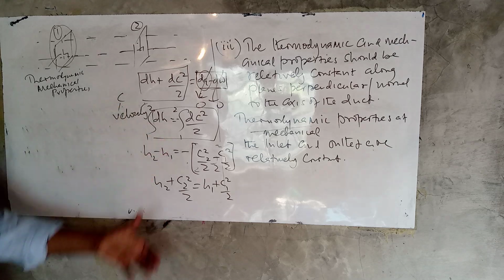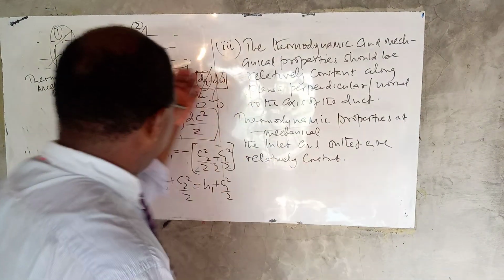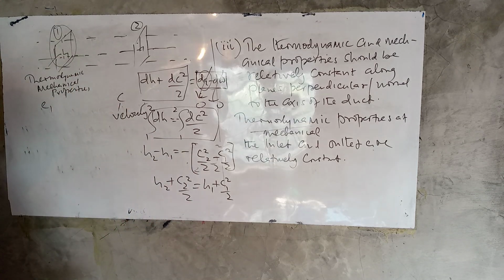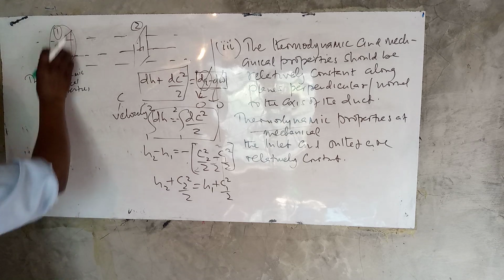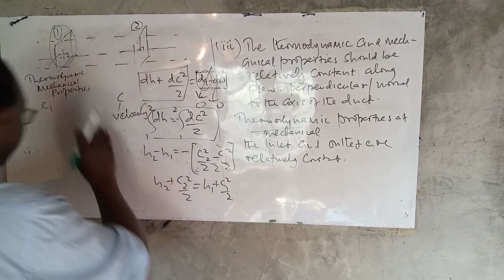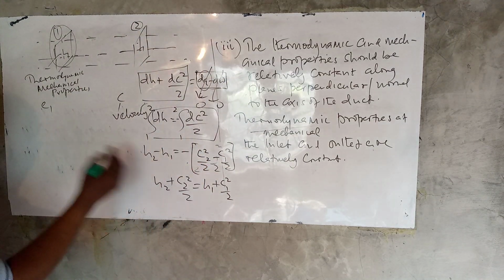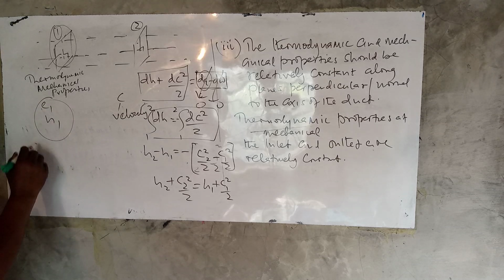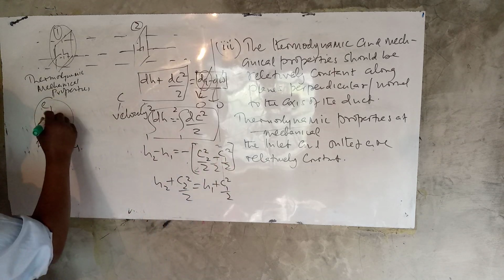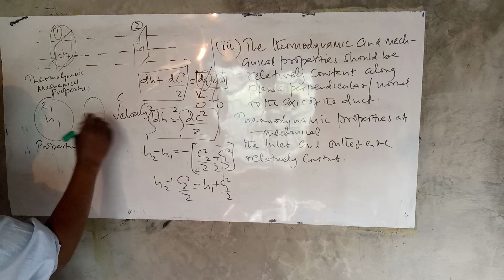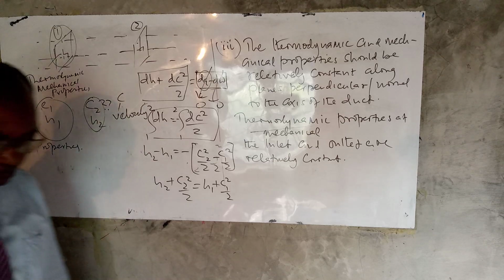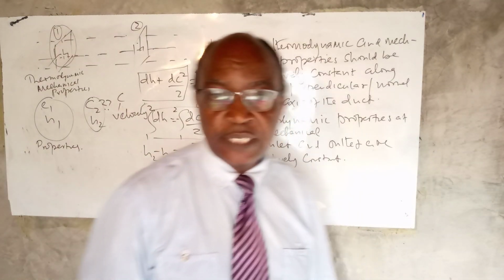Now, what is the import of this in terms of the significance of the calculations? It means that if you know the velocity C1 at plane 1, at state point 1, which we are saying is normal to the axis of the duct, and you also know the enthalpy h1, and you also have the thermodynamic value for h2, then you can compute C2 very, very easily.